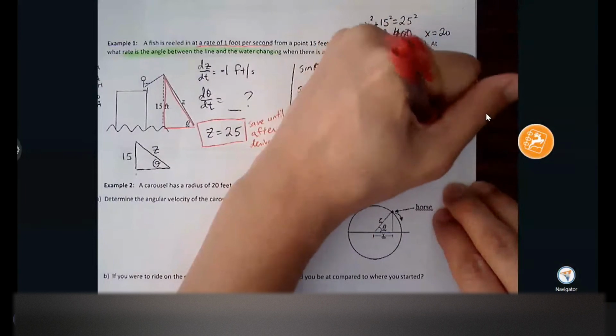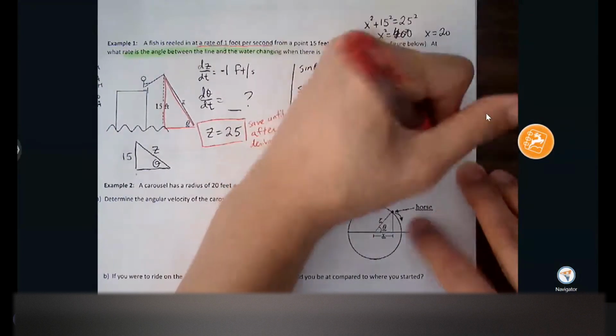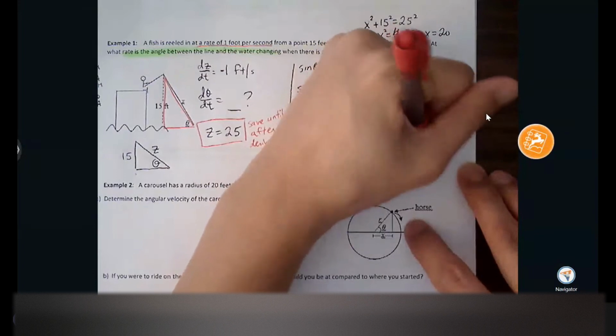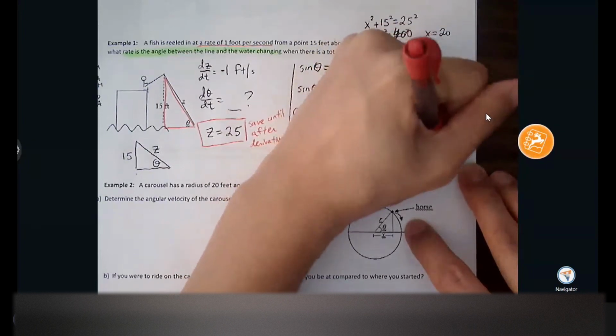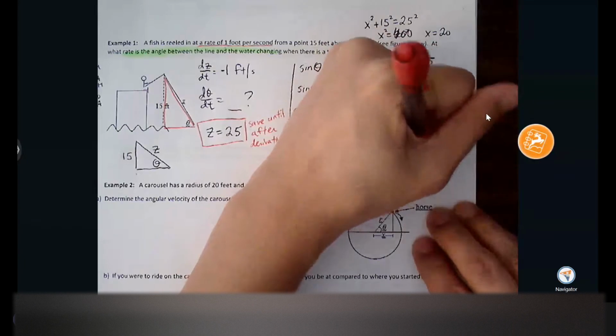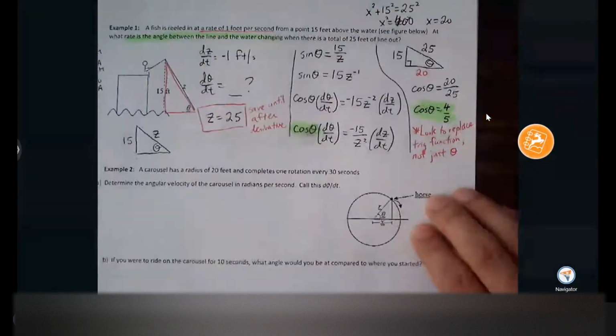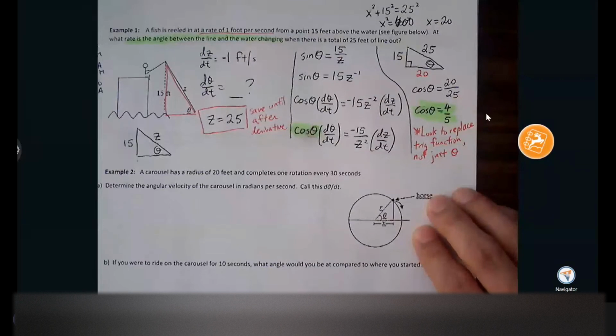So when you get to this step, you're going to look to replace the trig function, and not just theta.